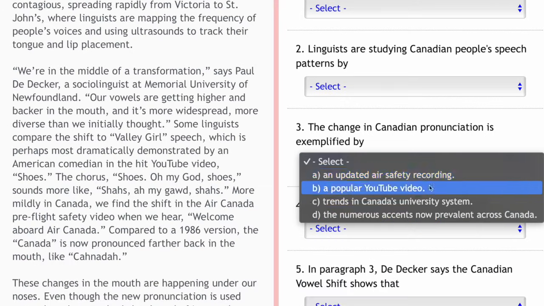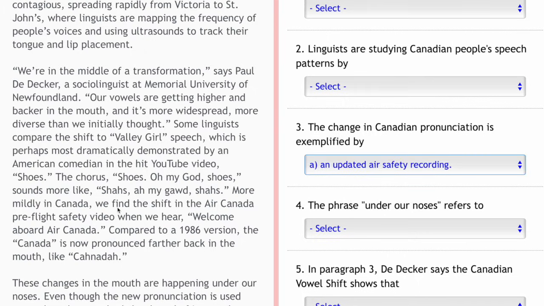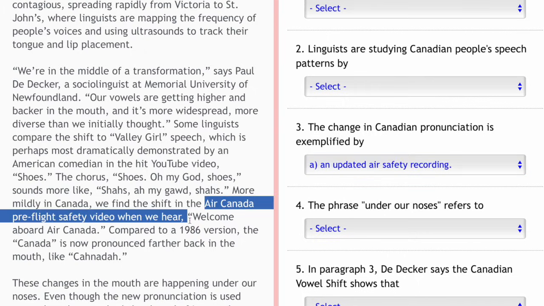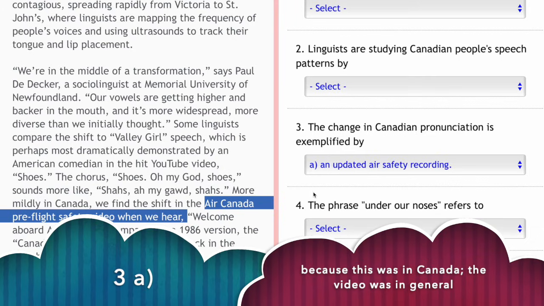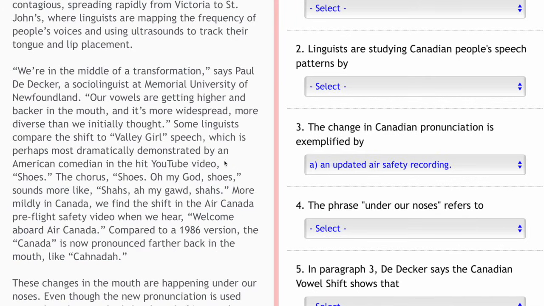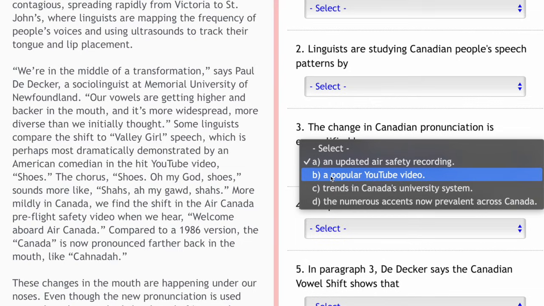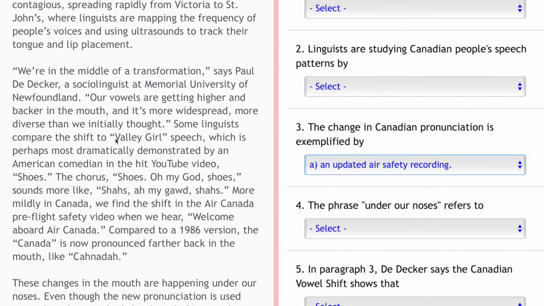But I'm looking at these two here, and well, it would have to be the air safety recording because in the Air Canada safety video. Now, about B, that is about Valley Girls speech, not Canadian pronunciation. Okay, that's different. So I think it would have to be A for that one.